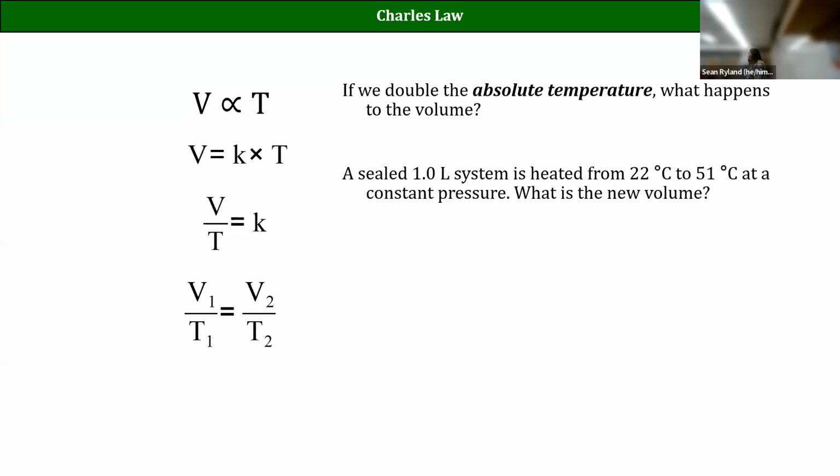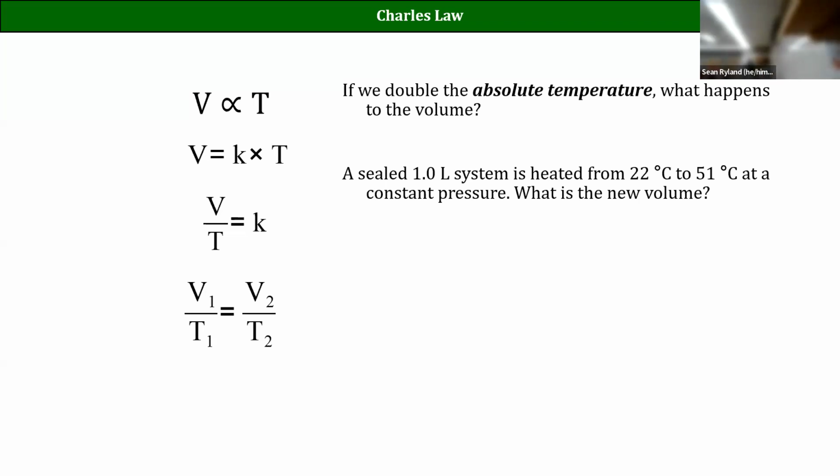Volume should also go up. It's not going to double, because in order for this to work, we need our temperature to be in Kelvin. So how do we put temperature in Kelvin? Not quite.